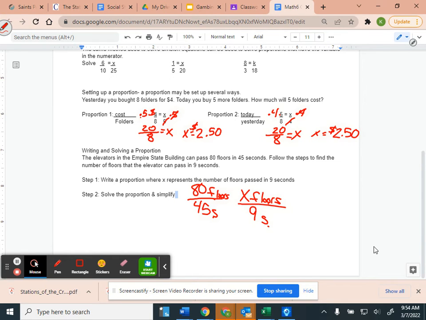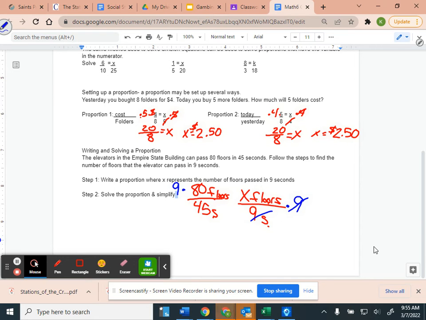Okay. So what math do I have to do to solve this? Brielle? So I'm going to multiply by 9 so they can cancel out. And I have to multiply the other side by 9. So what is 9 times 80?